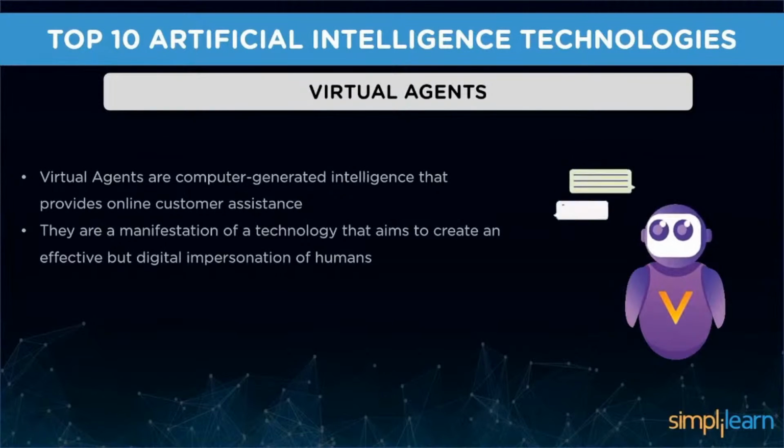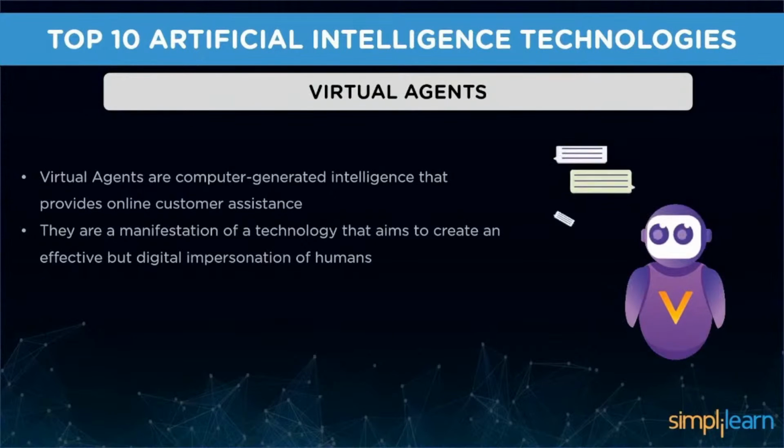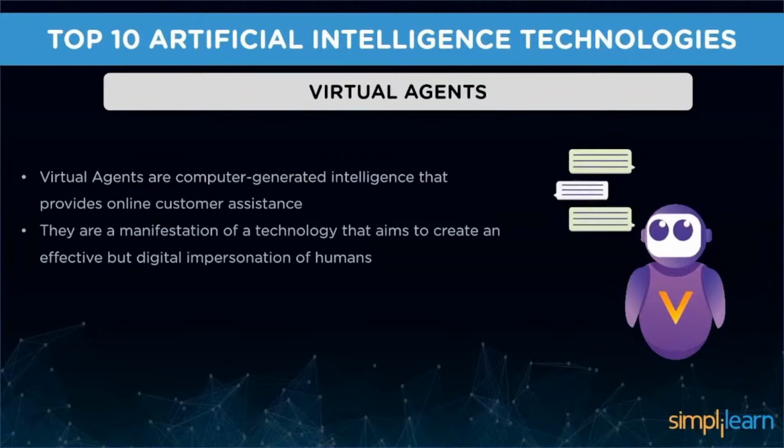In most of the web and mobile applications, we see chatbots as customer service agents who interact with us answering our queries. In simple terms, virtual agents are a manifestation of a technology which aims to create an effective but digital impersonation of humans.